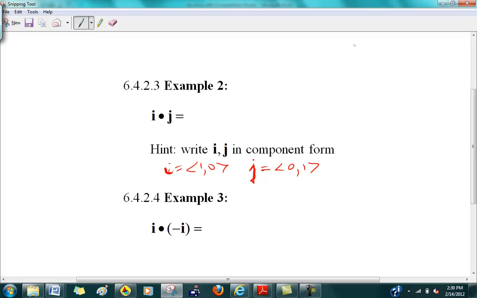You should remember from previous notation that your i vector is along the x-axis and your j vector is along the y-axis. And so if you do the dot product of this, you multiply this and this, and this and this, and add the answers, and you get a 0.